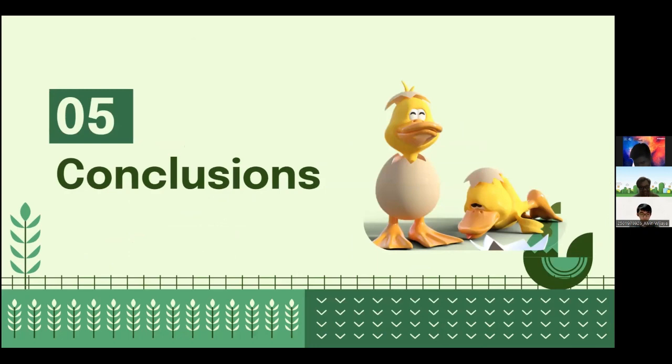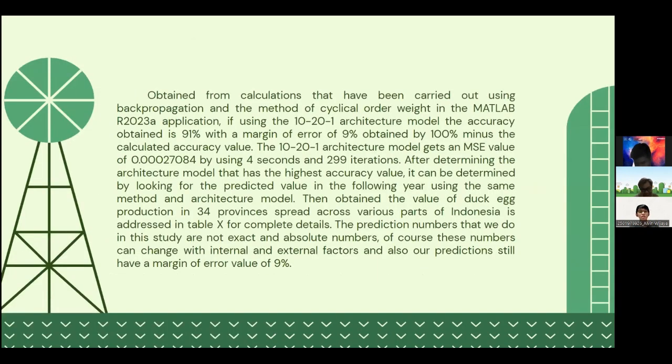For the conclusion, using the 10-20-1 architecture model, the accuracy obtained is 91% with a margin of error of 9%, obtained by 100% minus the calculated accuracy value.